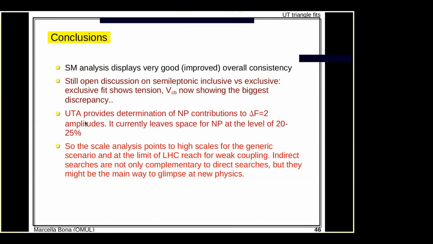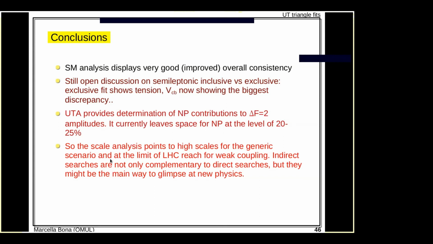If you run the new physics analysis, you still have the possibility to have new physics that is not excluded at the level of even up to 30%. I forgot to update this, I think. Sorry about that.